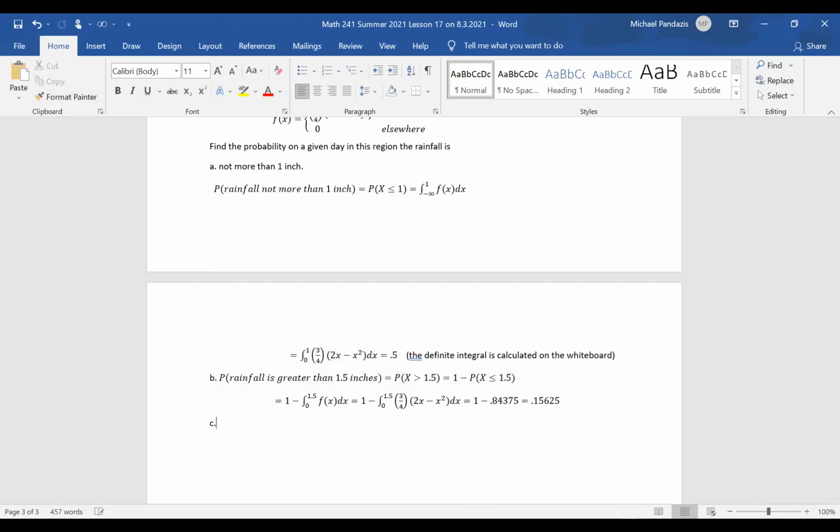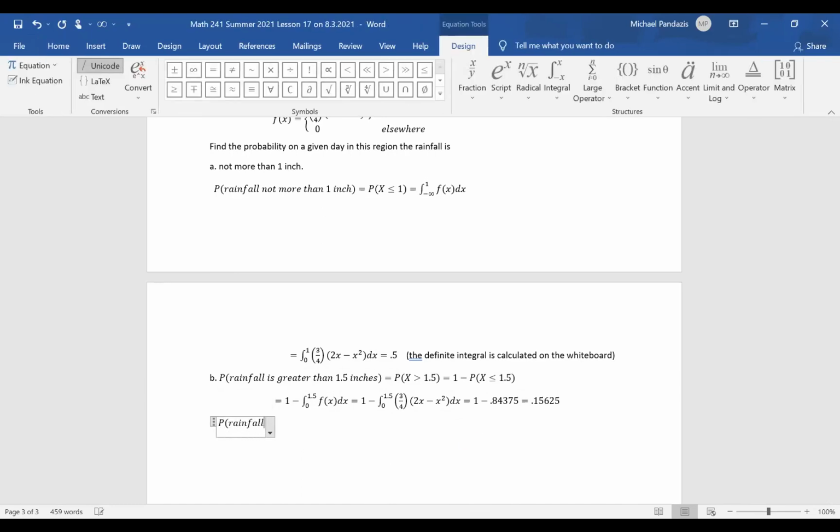Okay, and then C, probability that the rainfall is between 0.5 and 1.5 inches. So since capital X represents the amount of rainfall, this is the probability that 0.5 is less than capital X, less than 1.5.